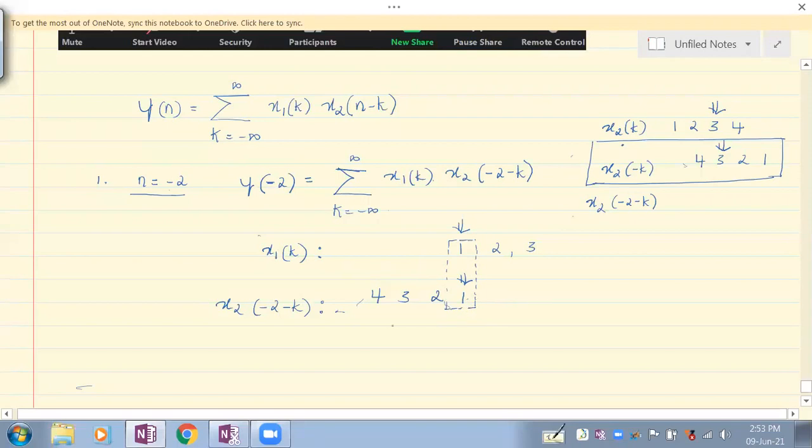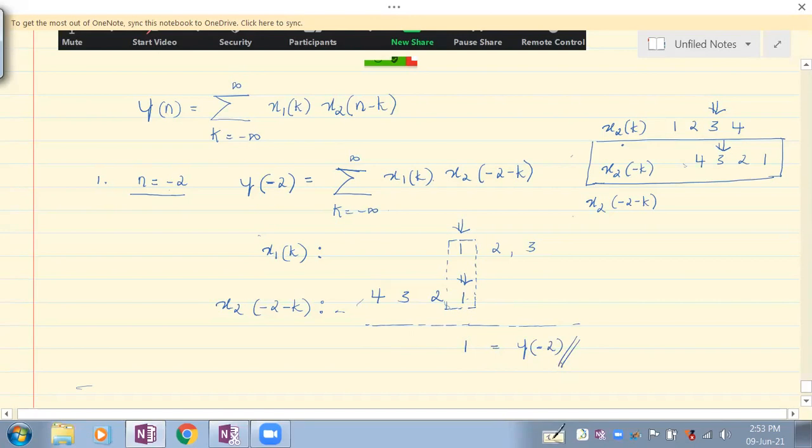So the overlapping samples need to be multiplied and added. That is 1. So this is your y of minus 2.